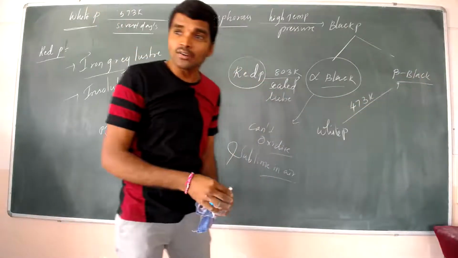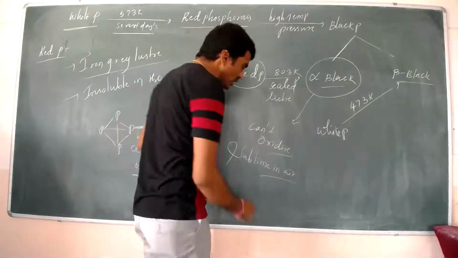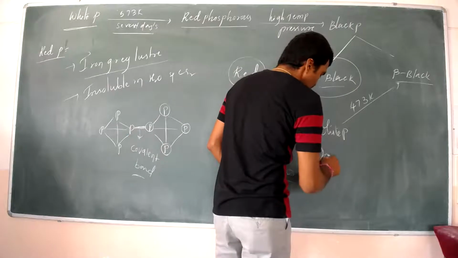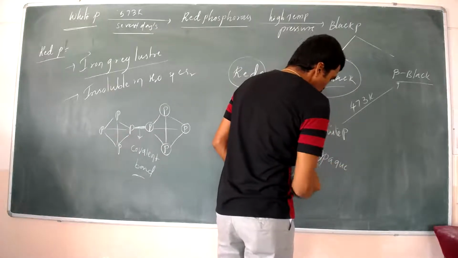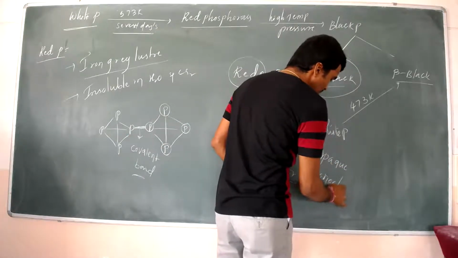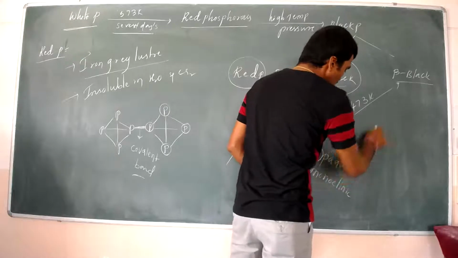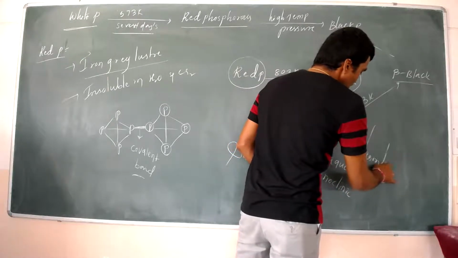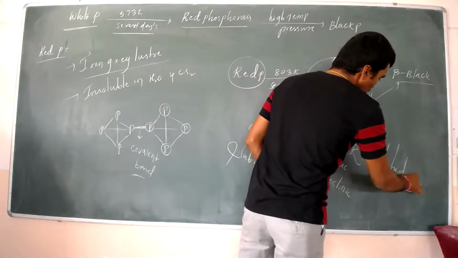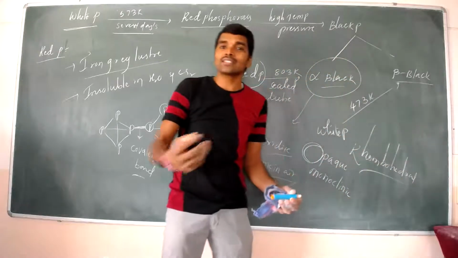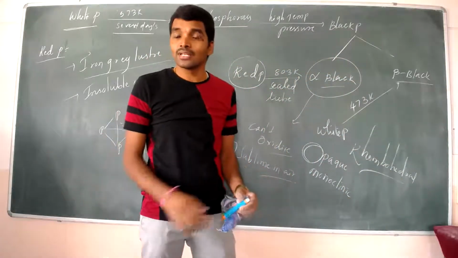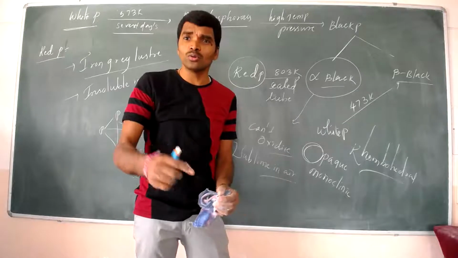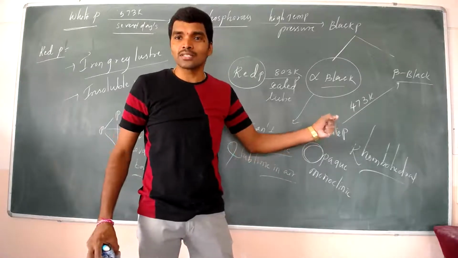And then opaque monoclinic or rhombohedral structures are formed, which are alpha black phosphorus.